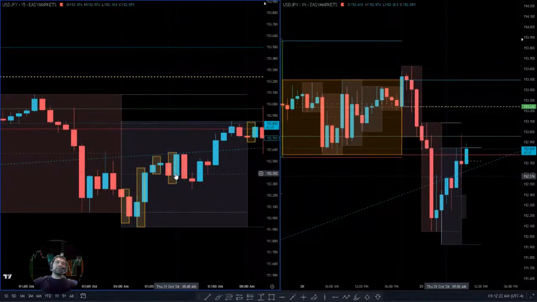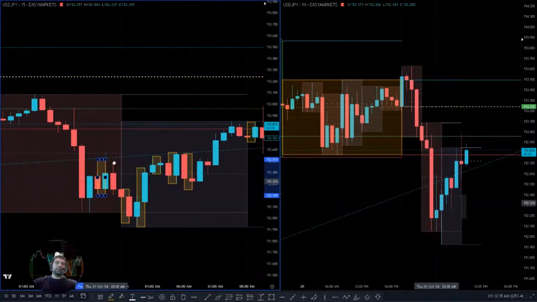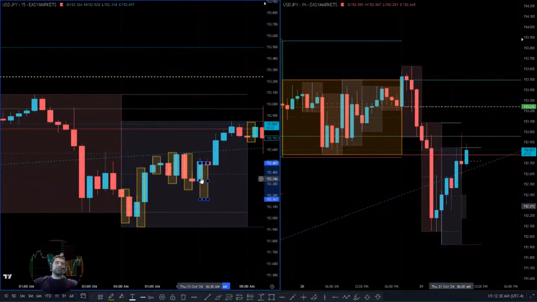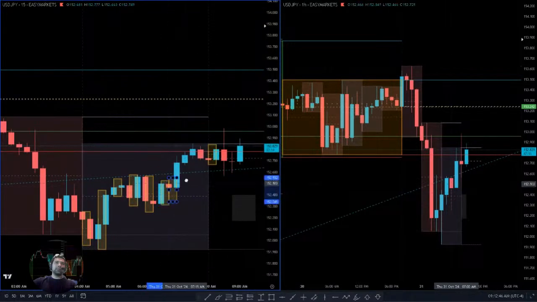Price opened around here, closed down there, and it went bullish as well. Price opened around here, closing bearish. So they are kind of resisting this trend line here. Then price opened around there, and then there was a breakout right here.